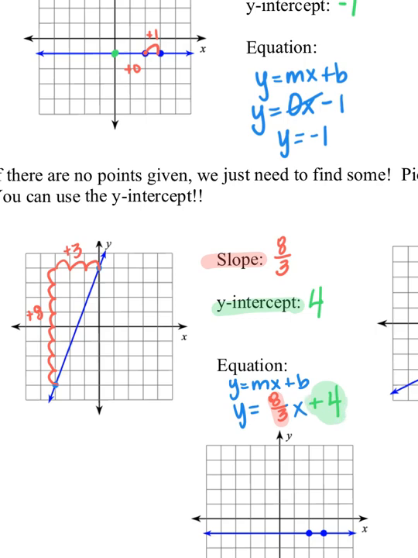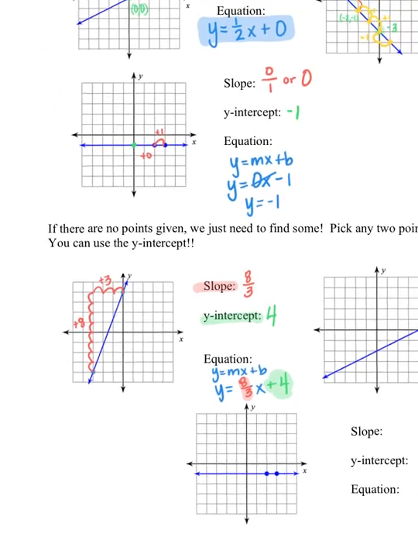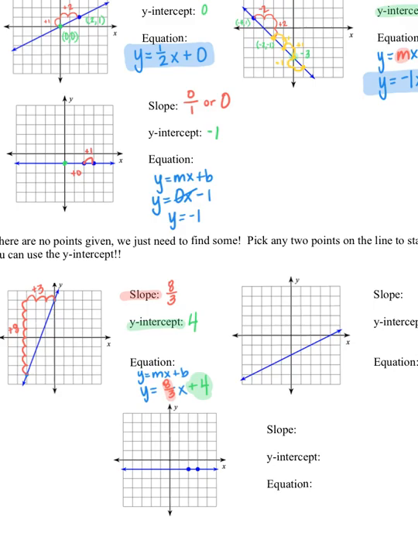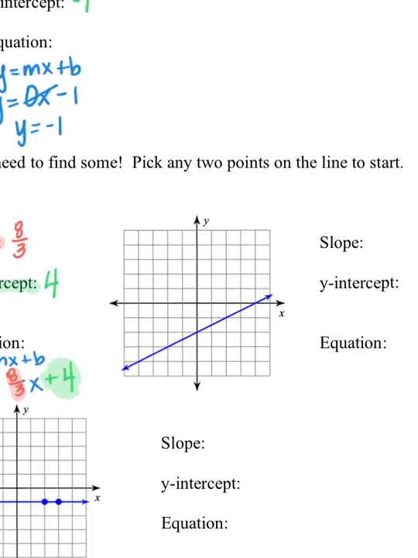And that's my answer. Y equals 8 over 3x plus 4. So there's not much different. You just have to find the 2 points on the graph first before you start counting.